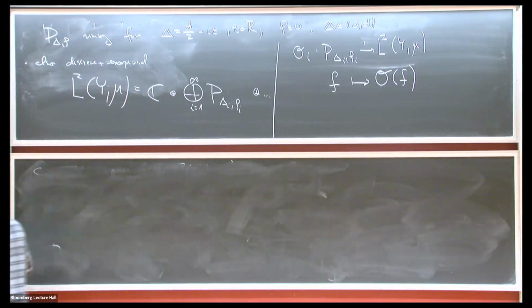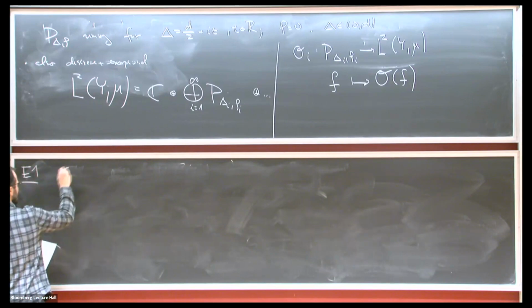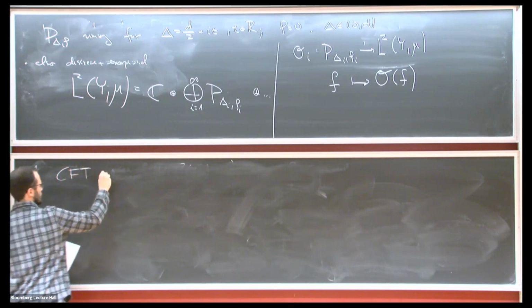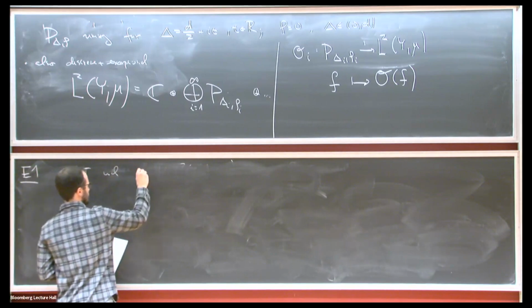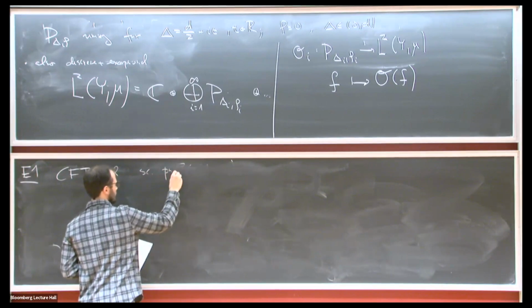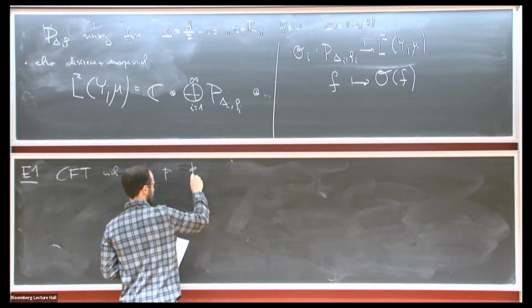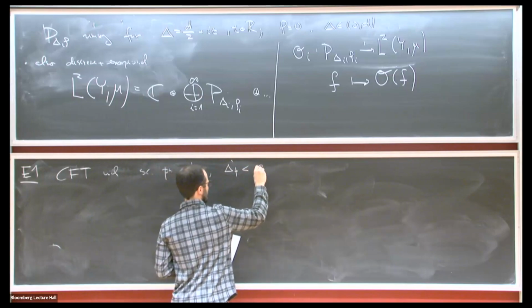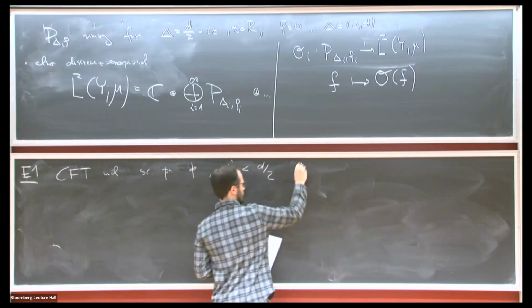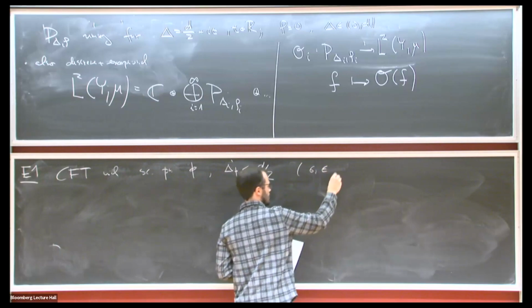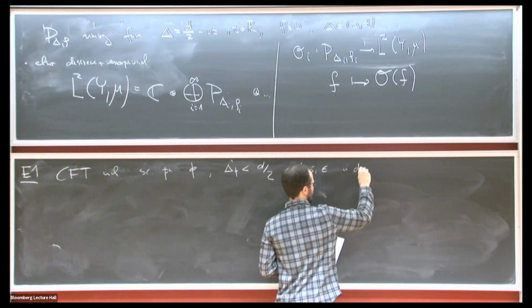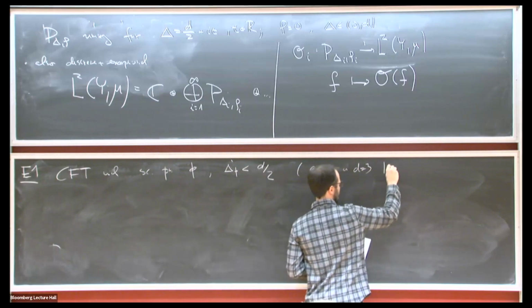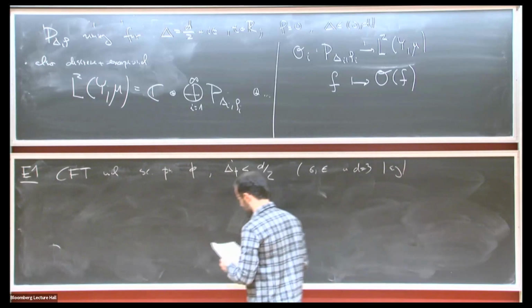So example one is a CFT with some scalar primary operator, let's call it phi, such that the dimension of phi is less than d over 2. You can think of, for example, sigma or epsilon in the 3D Ising model. They satisfy this property.